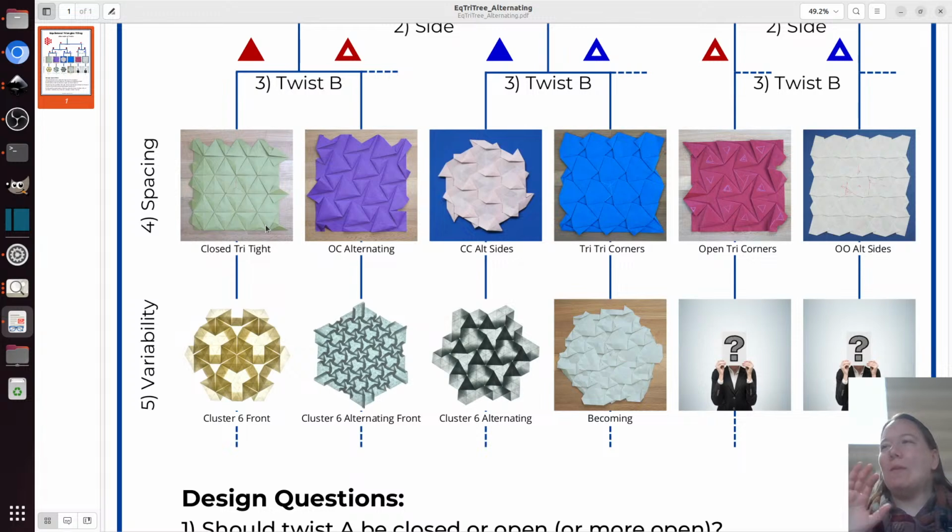Like with that specific triangle, we could get this, closed triangles with the closed triangles on the same side. We could get this, open triangle corners with open triangles on the same side, but we'd be missing out on these other 4 patterns that use closed and open triangle twists, either on the same or alternating sides.